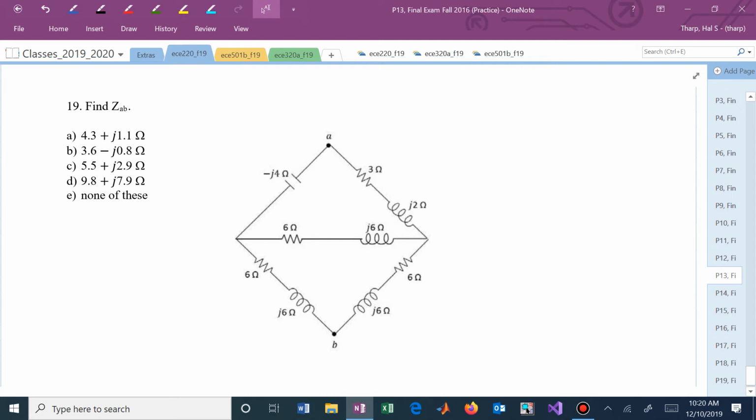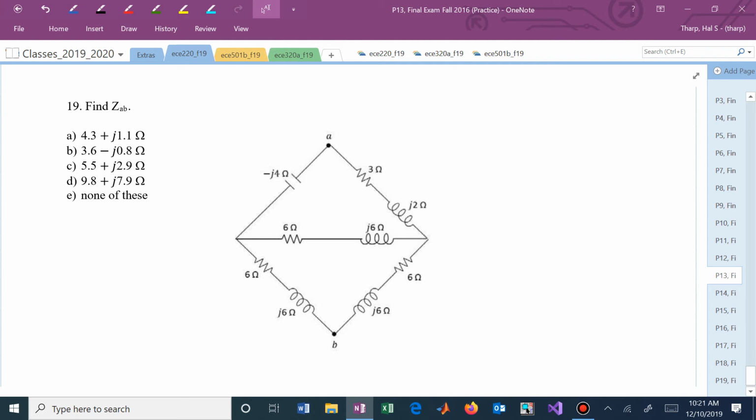How do we solve this beast? We now need to find the equivalent impedance between terminals A and B. Oh my gosh. But remember, this is Y delta. Look at the bottom delta. Those three impedances that are in the delta are equal. And in 320, you'll call that balanced. And when they're balanced, there's just a factor of 3 difference between the Y connection and the delta connection.